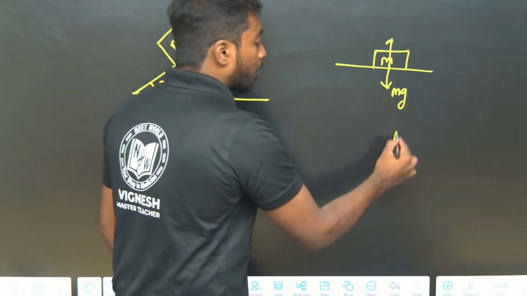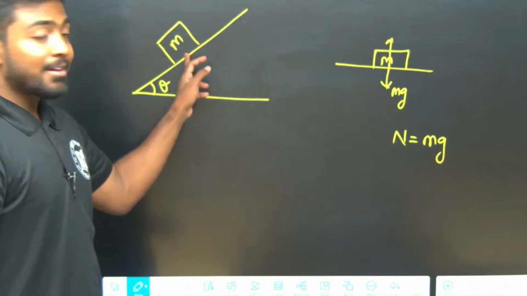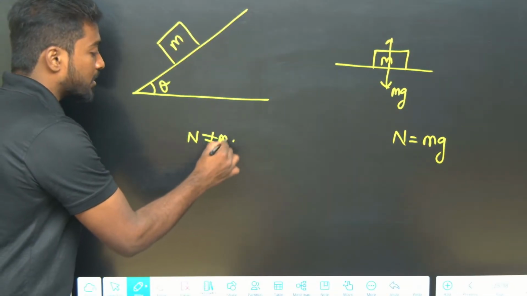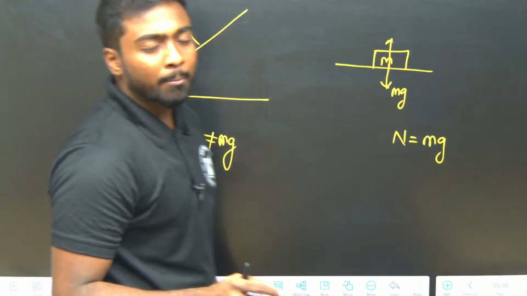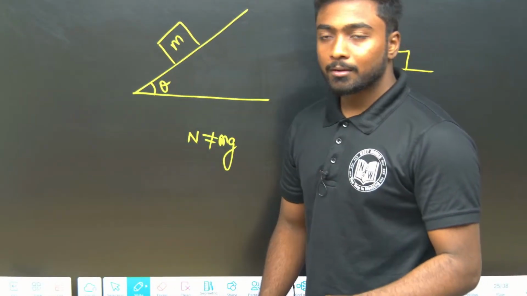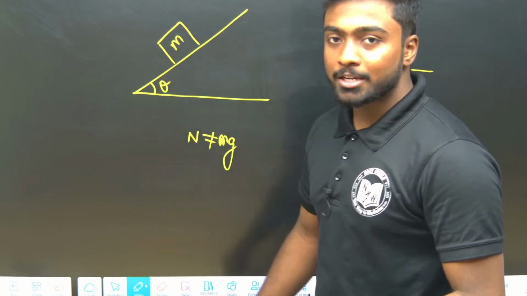So normal will be equal to mg, but in this case normal will not be equal to mg. This one thing you should remember, normal will not always be equal to weight, right. When it comes into an angle, it will change.